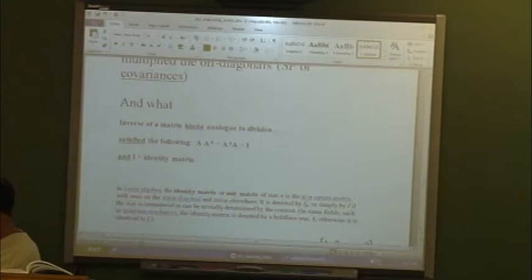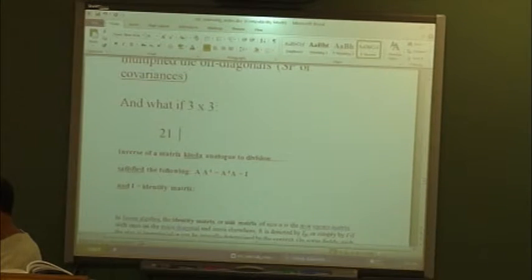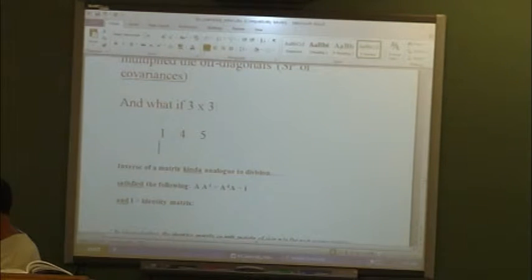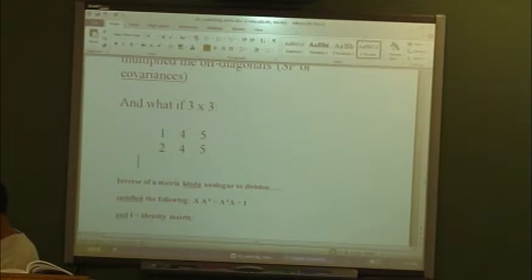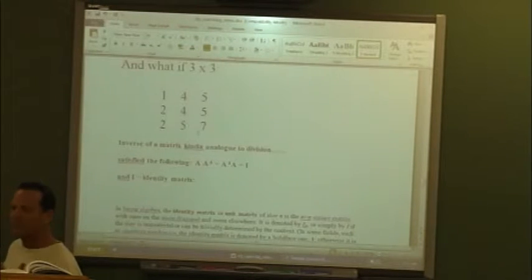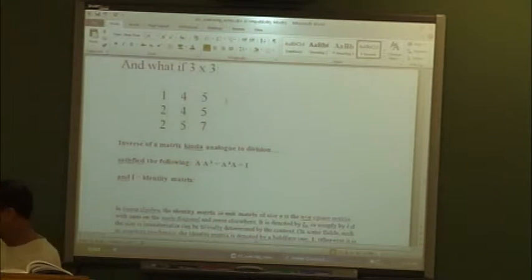What if 3 times 3? 1, 4, 5, 2, 4, 5, 2, 5, 7. Again, I didn't make them off diagonal, I'm just showing an example.